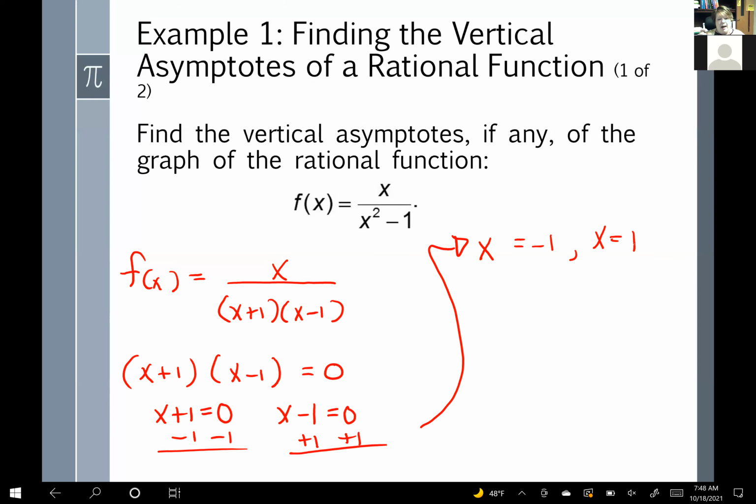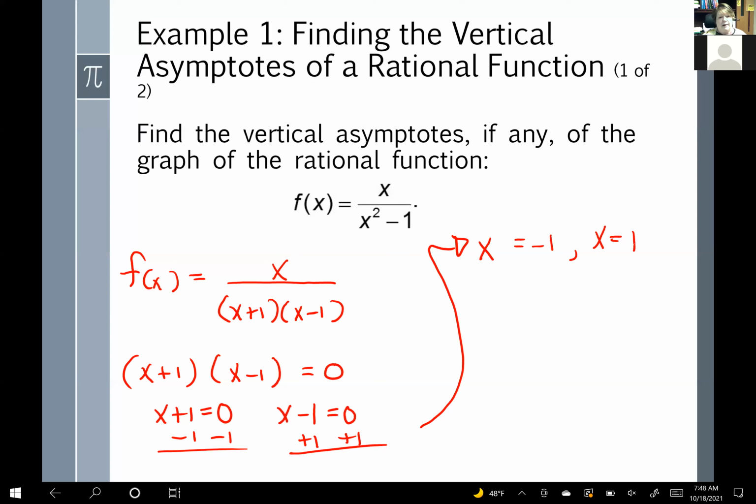So this function has two vertical asymptotes at -1 and +1. So the vertical line x equals -1 is a vertical asymptote, and the vertical line x equals +1 is a vertical asymptote.